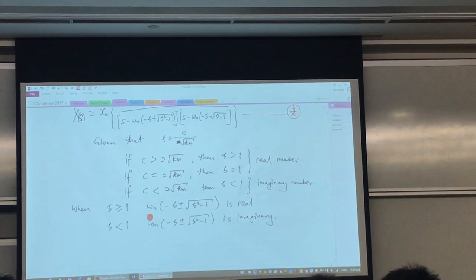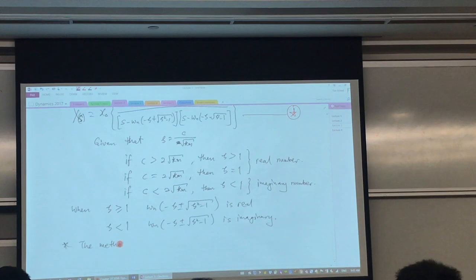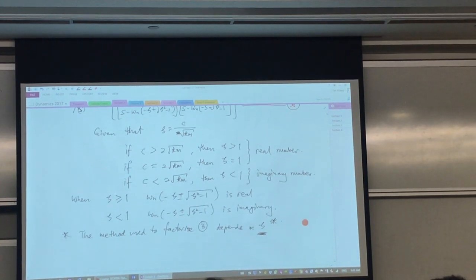So why do I mention this? That's because later on I'm going to depend on these two words: is it real or is it imaginary? Because later on, the method used to factorize equation 3 depends on zeta, the value of zeta.